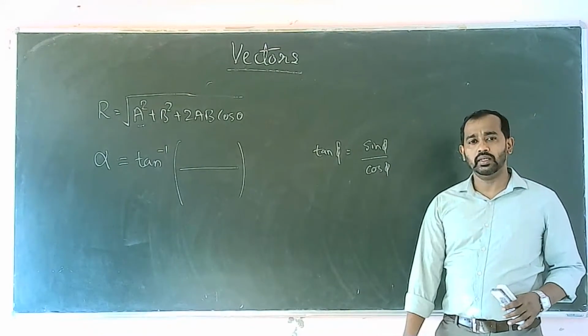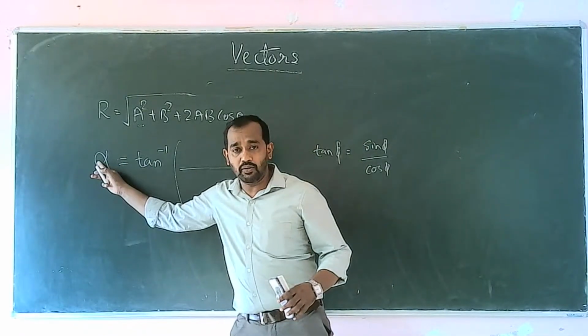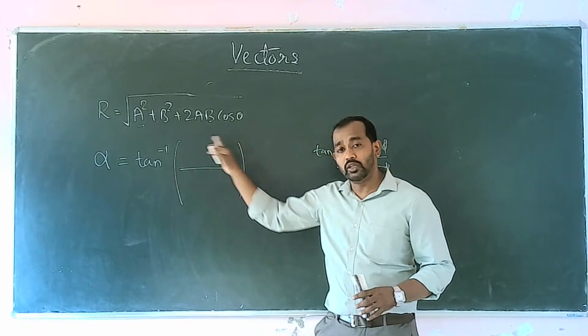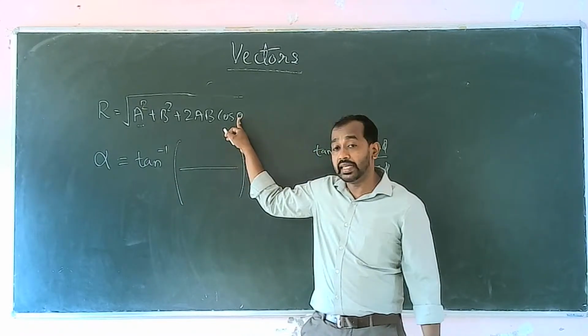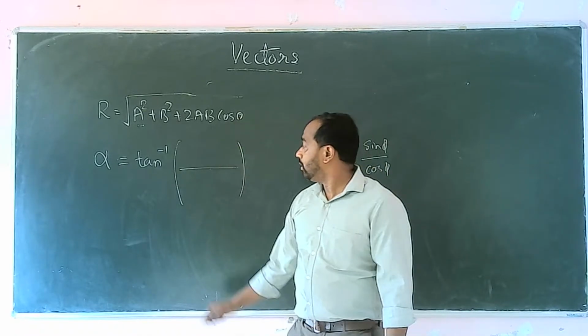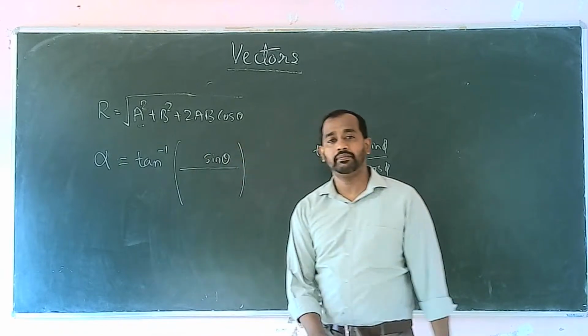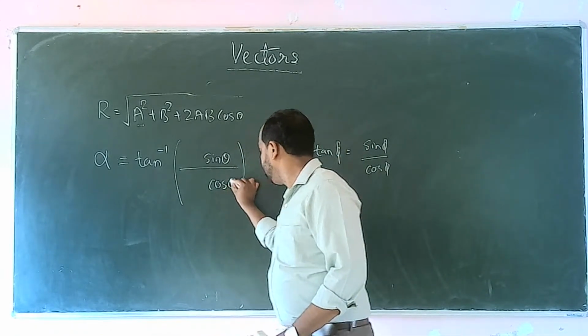We all know this formula. Here also we are going to use the same thing. Alpha is equal to tan inverse of some expression, so what should be written in the brackets? Take this angle theta. First we write sin theta, and in the denominator we write cos theta, just like this formula.